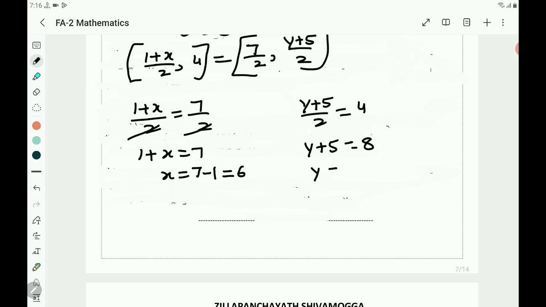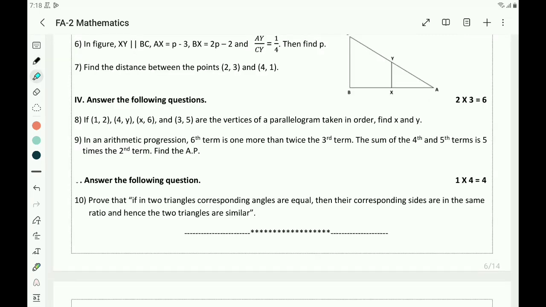Then y is equal to, transfer this 5 to the RHS, that becomes 8 minus 5, which is equal to 3. Therefore, you got that x equals 6 and y equals 3. You got the values of x and y.